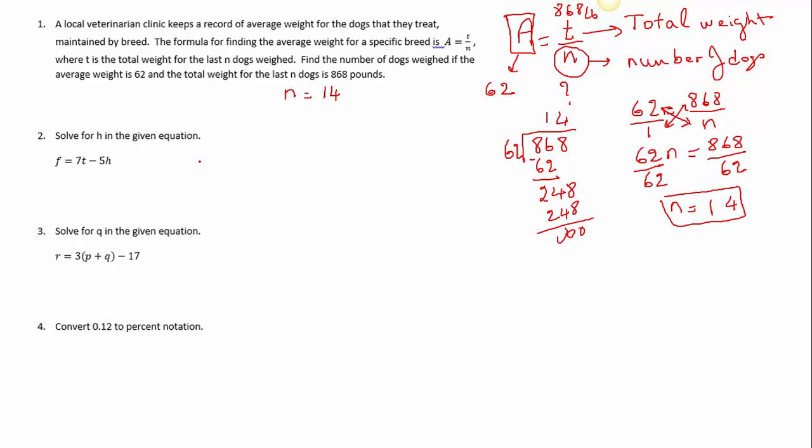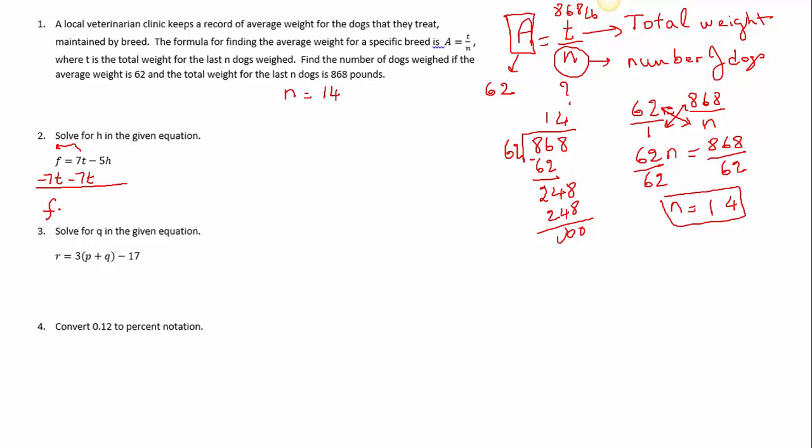Alright, let's try the next number, which is solve for h in the given equation. So we want to isolate h. We want to move the 7t to the right side and divide by -5. So let's start by subtracting 7t from both sides.